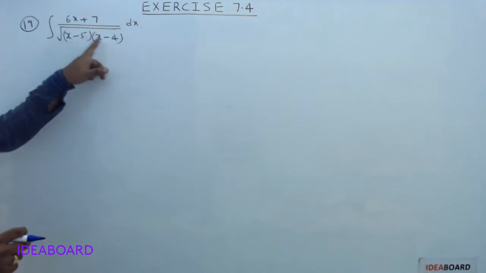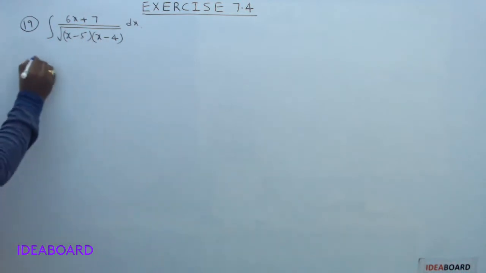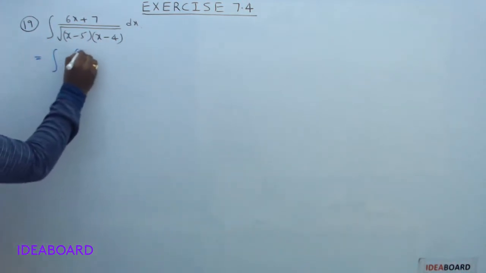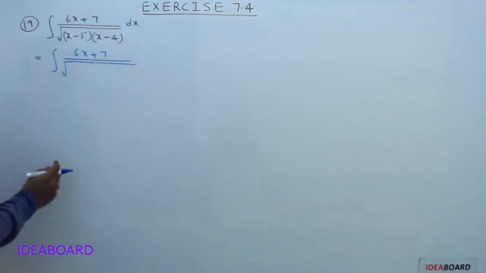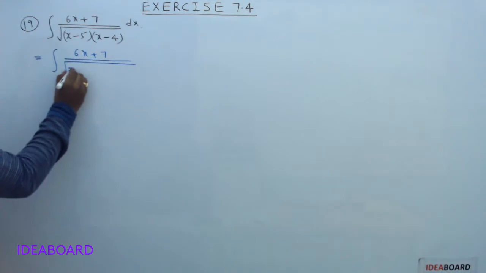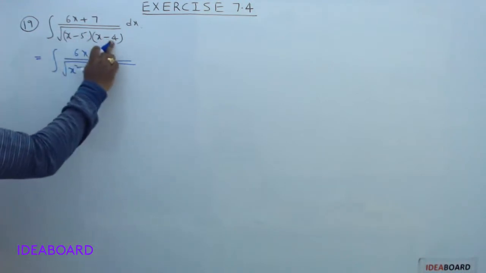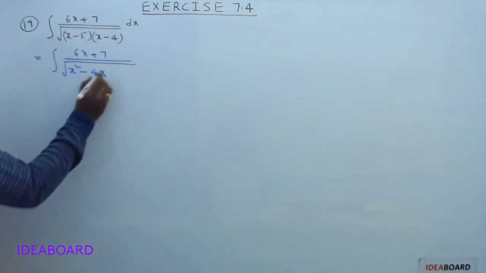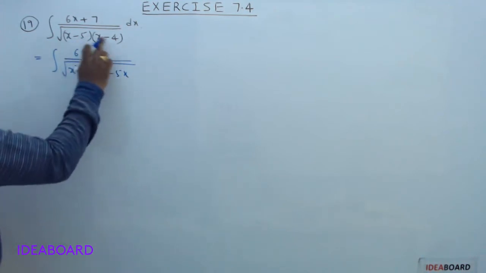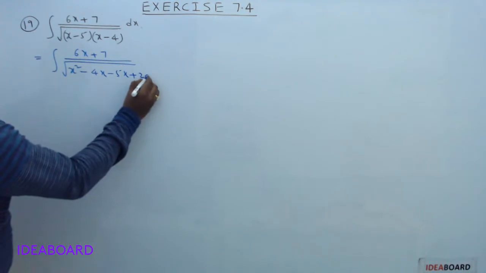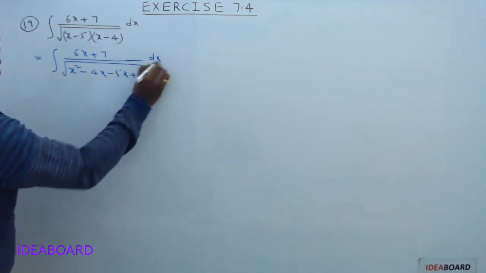First multiply these two factors. Now this is the integral (6x + 7) divided by the square root of x into x, x², x into minus 4, minus 4x, minus 5 into x, minus 5x, minus 5 into minus 4, plus 20 dx.